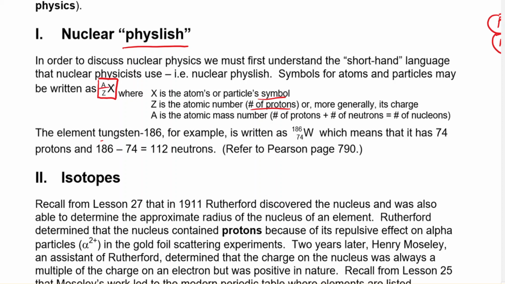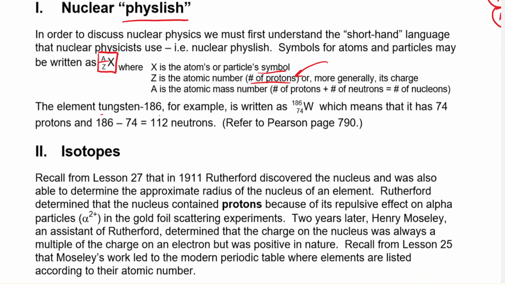When I said charge there, you guys are probably wondering, because usually atoms are neutrally charged: protons are positive, electrons are negative, and they cancel each other out. But we're talking more so about protons, especially because sometimes we're going to be talking about completely ionized atoms that don't have any electrons. So, all right. That's that.